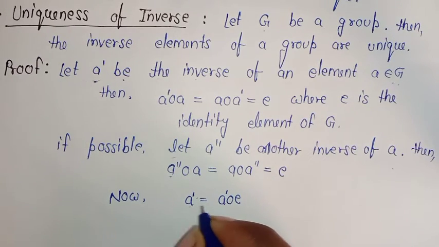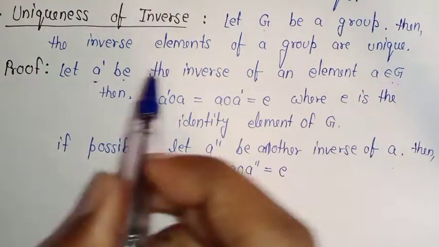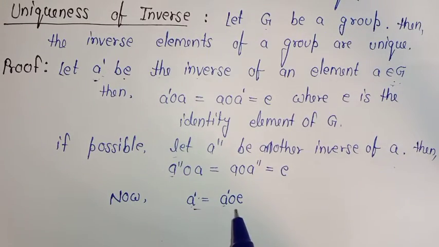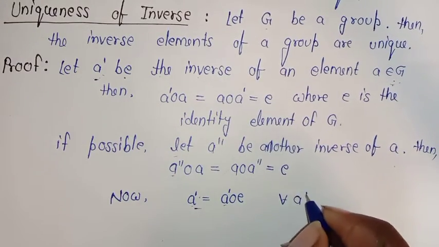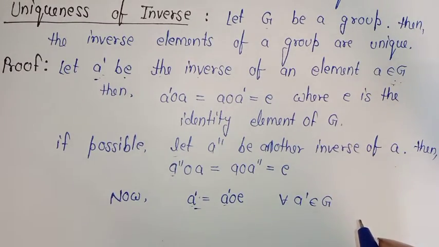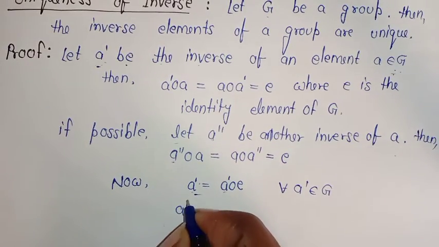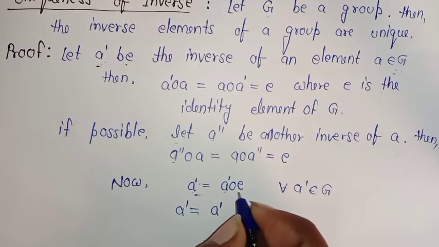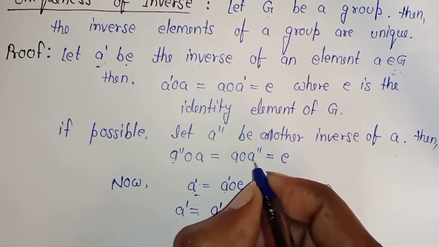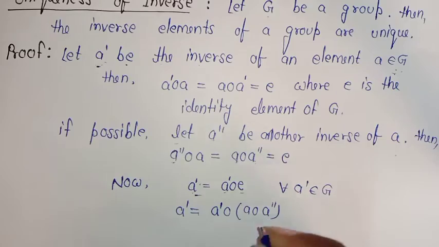So we can write A' as A' operation E, because A' is the inverse of an element, and the inverse of the element also belongs to the group G. So this statement is true for all A' belongs to G, because the inverse also belongs to the group G. Now E can be written as A operation A'', so we can write it as A' operation (A operation A'').